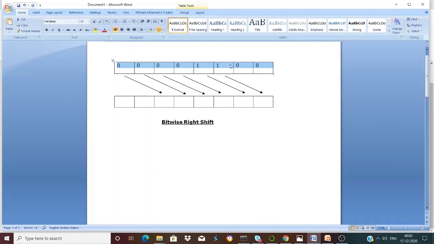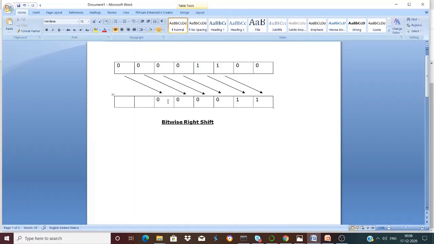This is the binary form of 12. Now, as we have just said, every bit of this binary will shift 2 places to the right. So this bit will shift here, this bit will shift here. Let's write them down. This bit is going to shift here, this bit is going to shift here, this bit is going to shift here, then this is going to shift here, and so on.